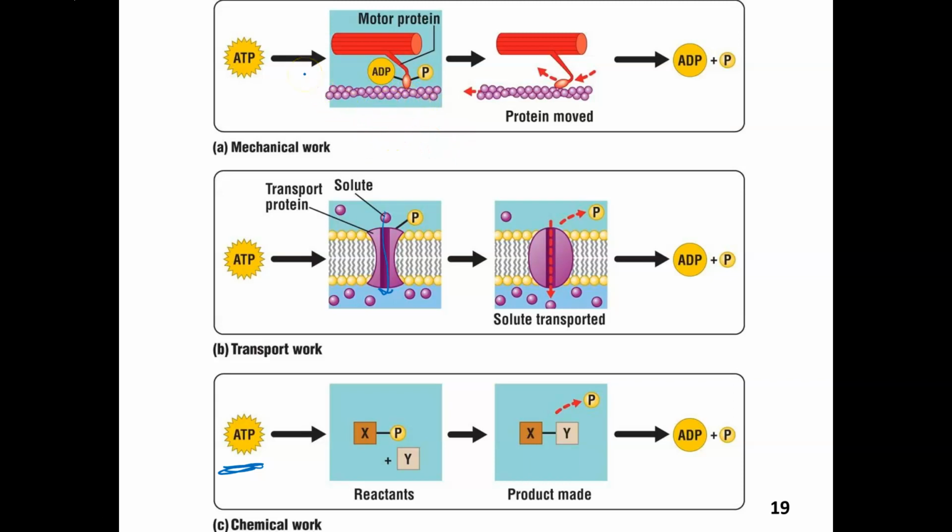And so what this is actually showing is muscle contraction. So these are actin molecules, and this is myosin. All three of these utilize ATP energy, and a byproduct of the reaction is adenosine diphosphate with that extra phosphate.